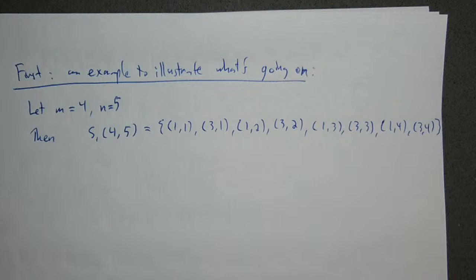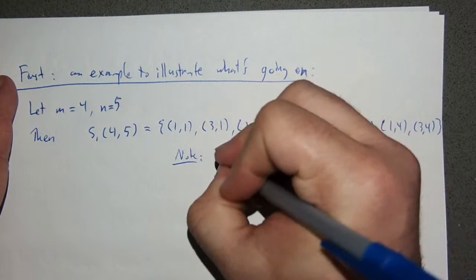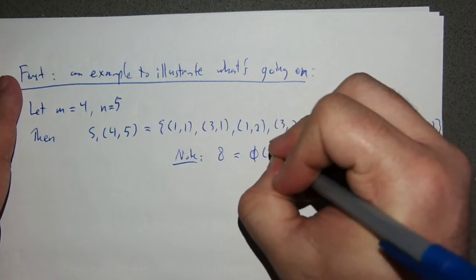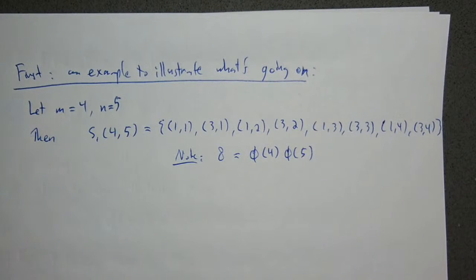Is that phi of 4 times phi of 5? Well, it is, yes. So note 8 is equal to phi of 4 times phi of 5. Phi of 5 is 4, phi of 4 is 2, so 2 times 4 is 8.